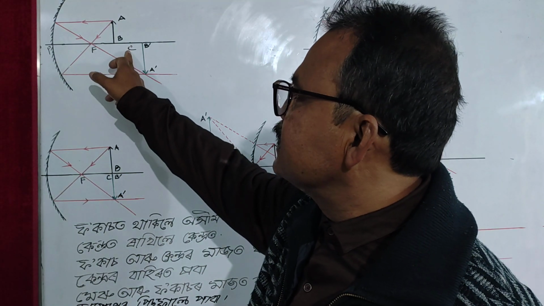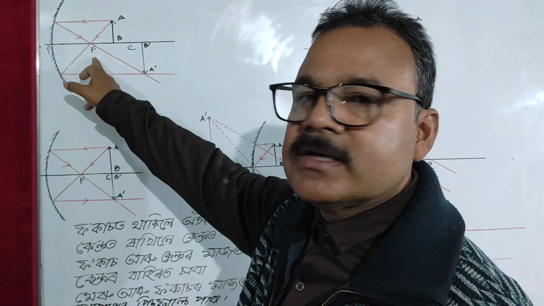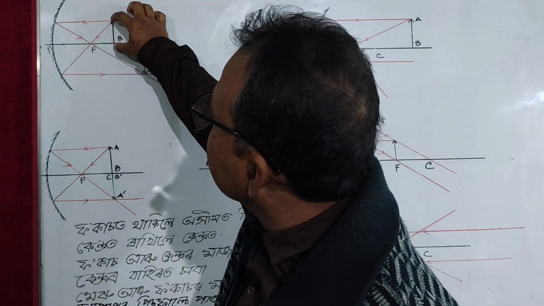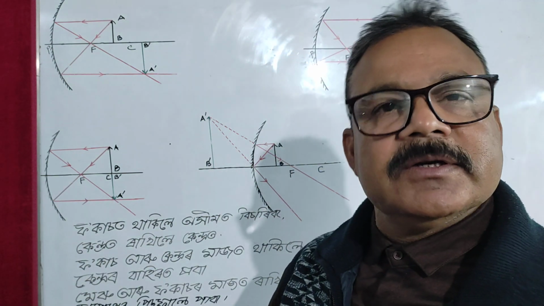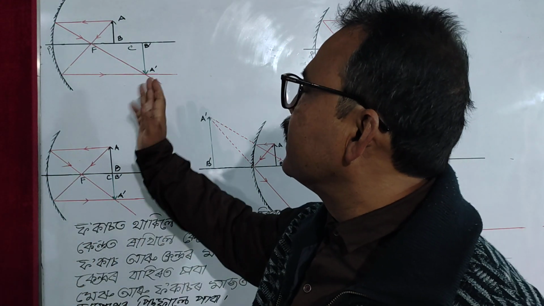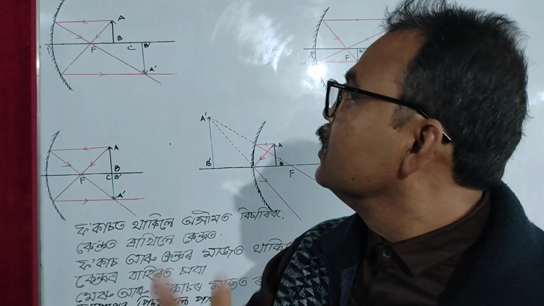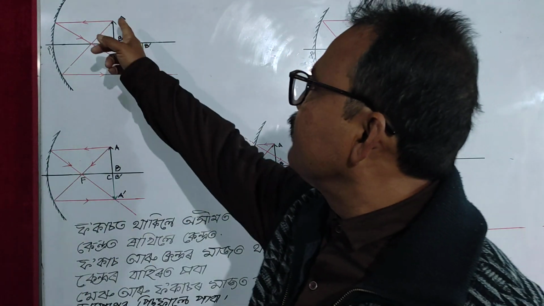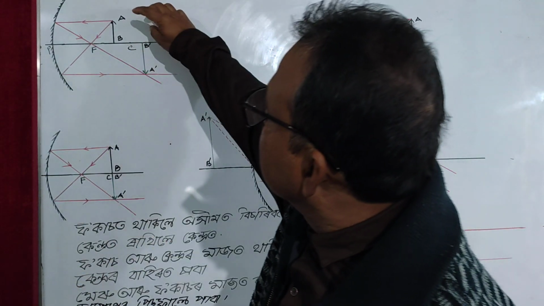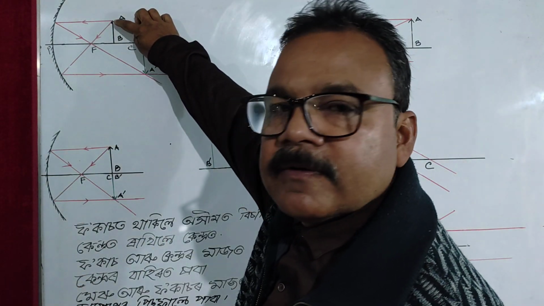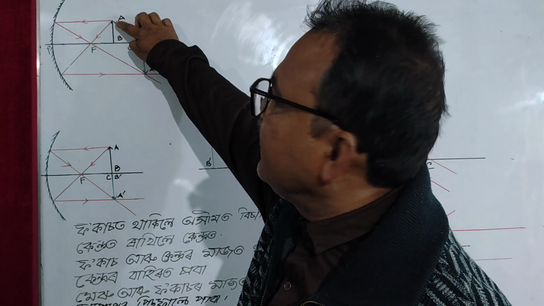Now you see, this is the center of curvature and this is the focus. So I am taking the object in between focus and center of curvature. To draw the ray diagram, at least you have to draw two rays from a particular point of the object. Now I am taking two rays from the point A.